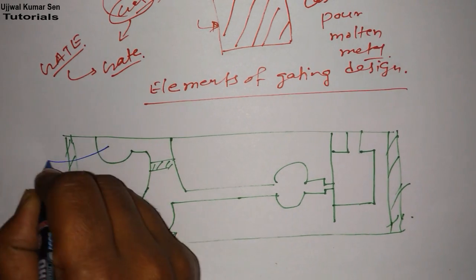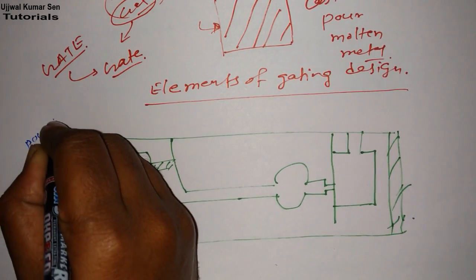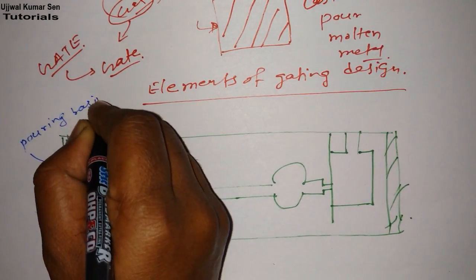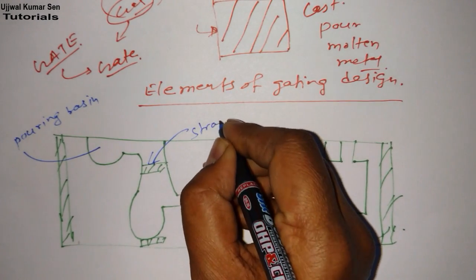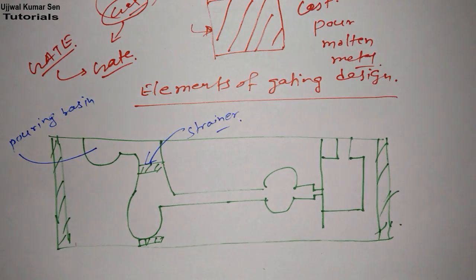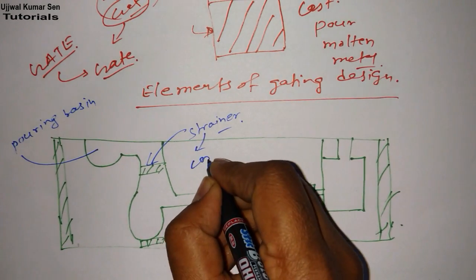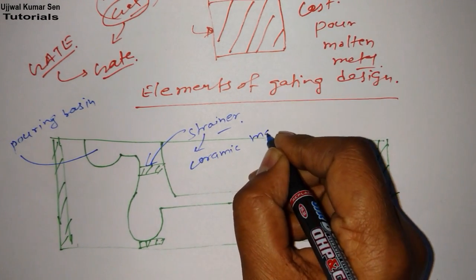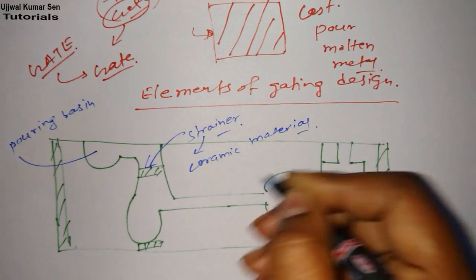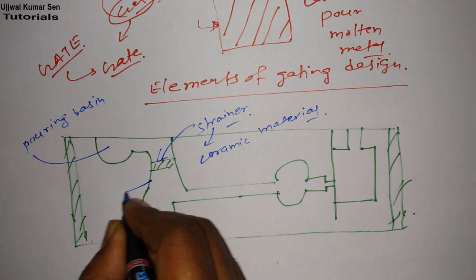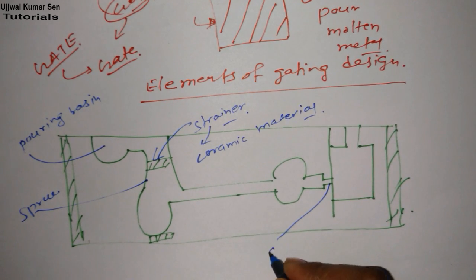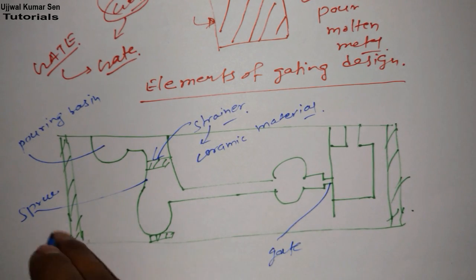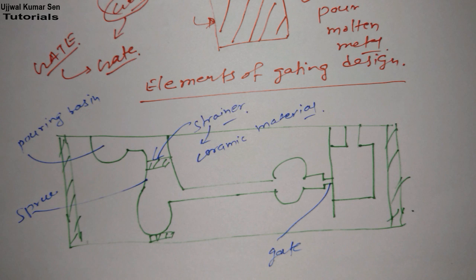First is the pouring basin. This is the strainer, which is made of ceramic material, so don't get confused. This is the sprue, and this one is the gate. Questions have been asked on these two topics many times.